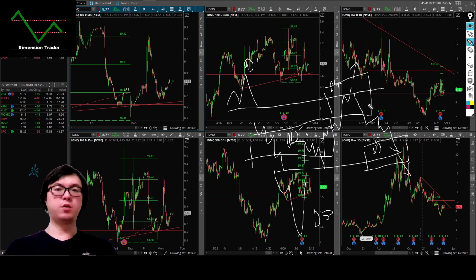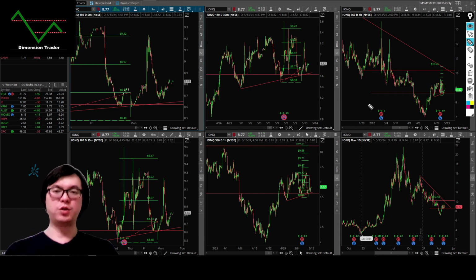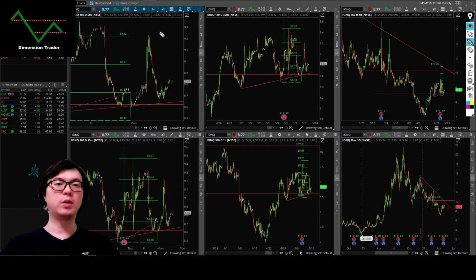Okay, so we are going to use an example today. The pick we did from yesterday is IONQ. Yesterday we picked this pair. The pricing is creating the bottom, and on the higher time frame, which is 1 hour or 4 hour, we have the top.